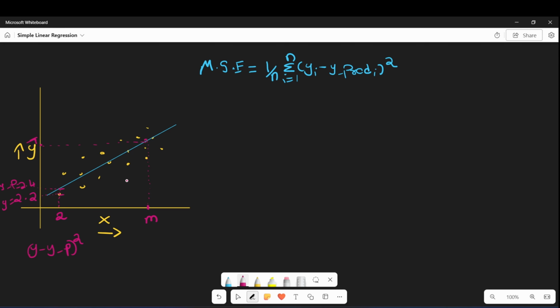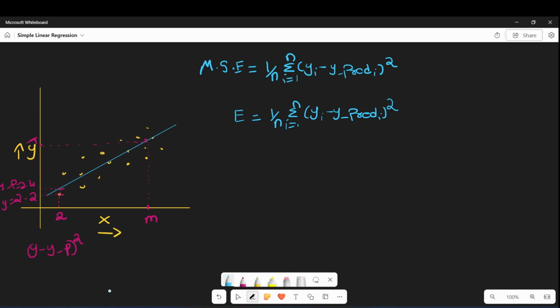Now if we do this for all these points and then take the average, we will get the mean squared error. Now I'm going to write this error function simply as E for convenience, and this error function is considered to be the optimal way of calculating the error in simple linear regression, which is 1/n times the sum from i=1 to n of (y_i minus y_pred of i) whole square.